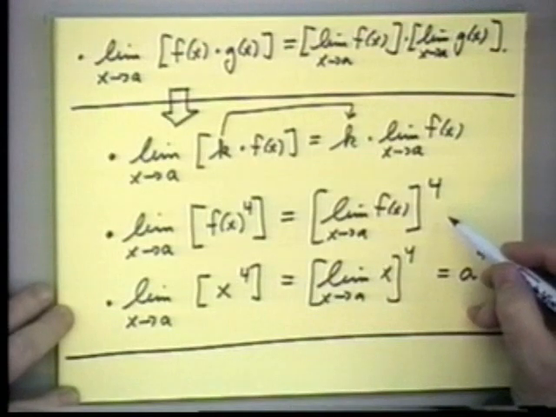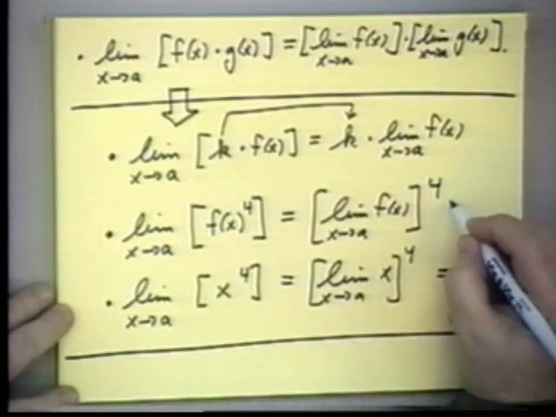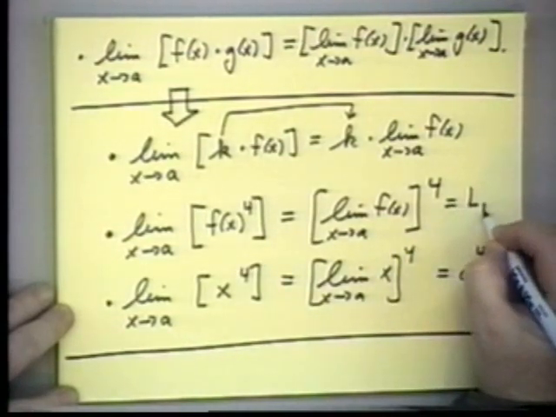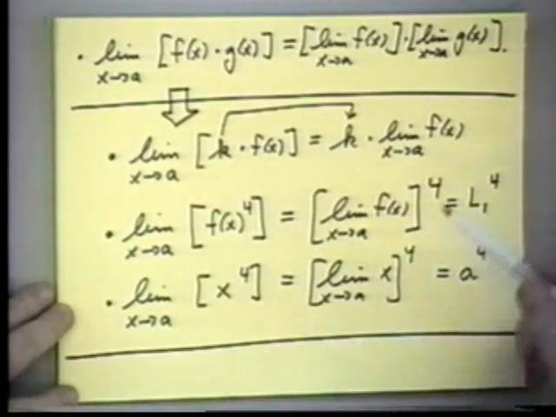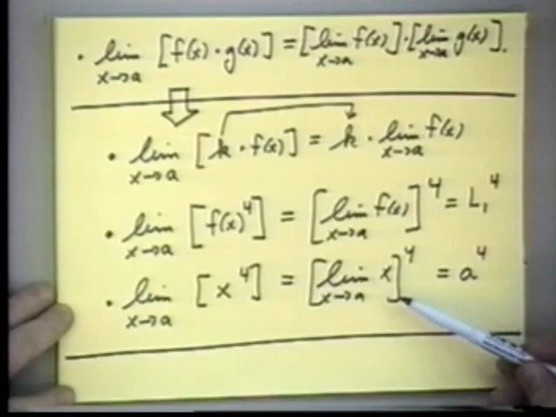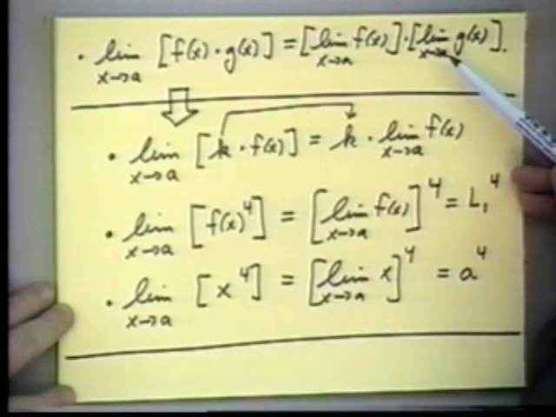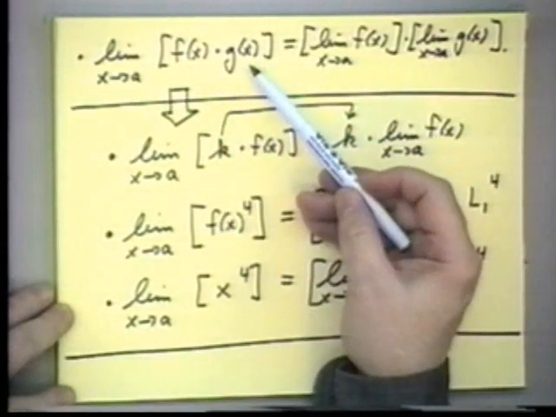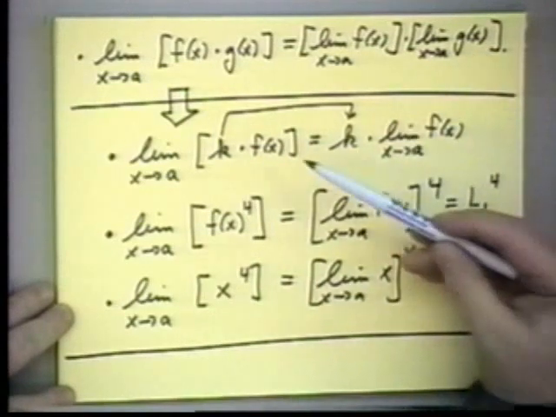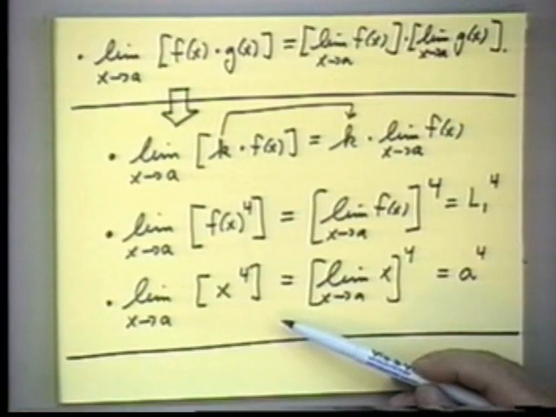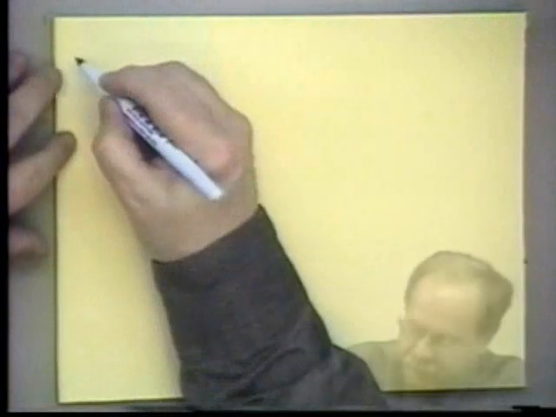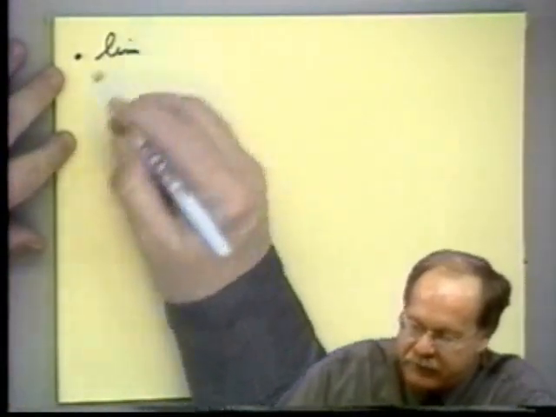Now the one above, just for the record, the limit of f of x, you may recall we call that the number L1. So this is the number L1 to the fourth power. So here are three cases that follow immediately from the limit of the product of two functions is the product of the limits. And these were written down not because they are new, but because they are very helpful and useful in practice.